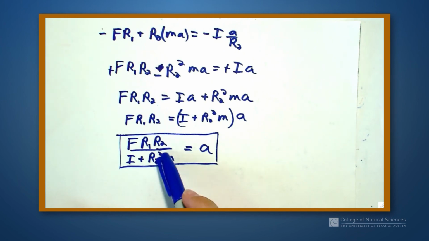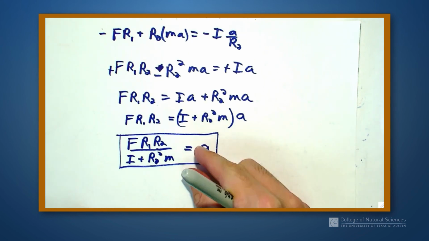Well, let's see. I'm trying to think of the cases that I can do. If R2 goes to 0, that means this object becomes smaller and smaller and smaller.